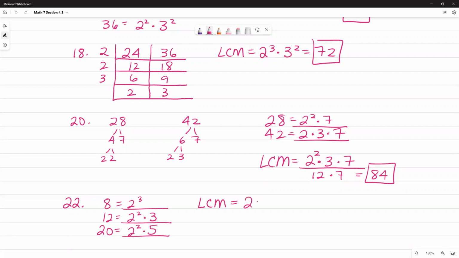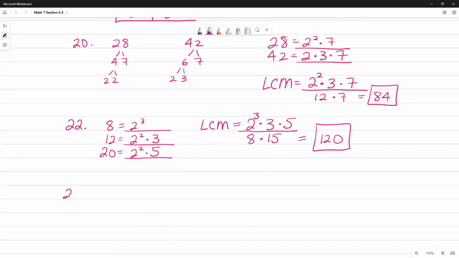So we have a 2, all the base numbers, a 3, and a 5. And then when we go back, we take the 2 with the highest exponent. 3 and 5 have the understood exponent of 1, so we leave that be. This becomes 8 times 15, because 8 times 5 is 40, and I carry the 4 to the 8, and I get 120, which is our answer.